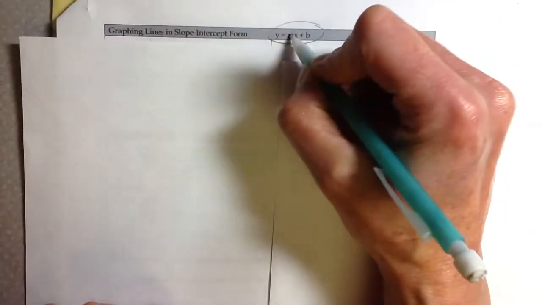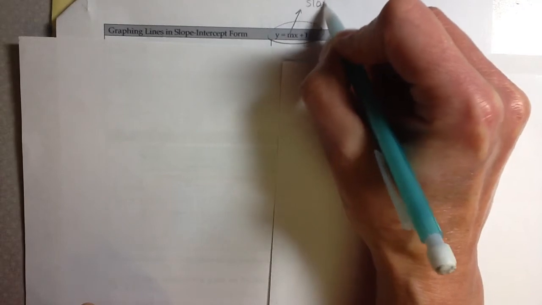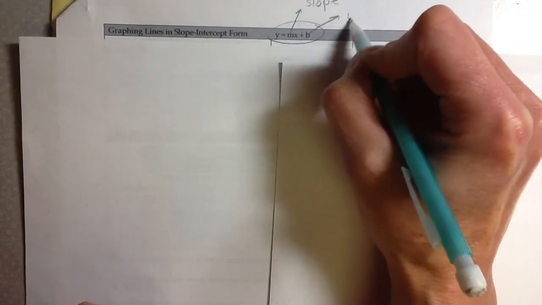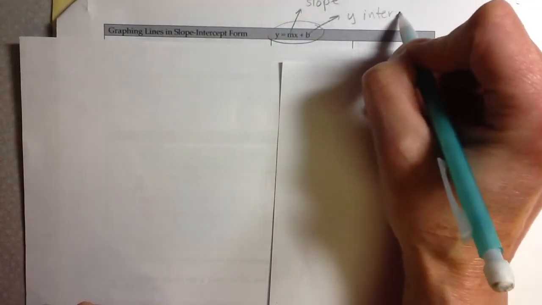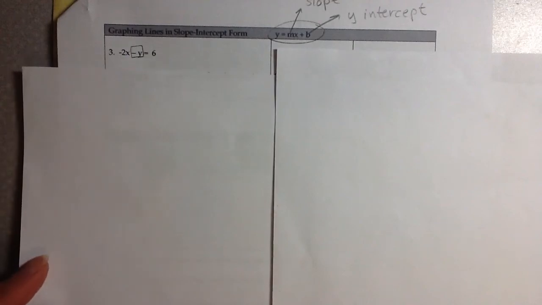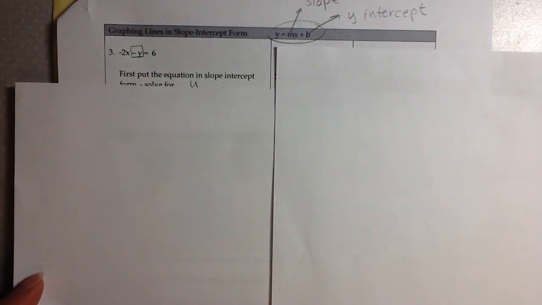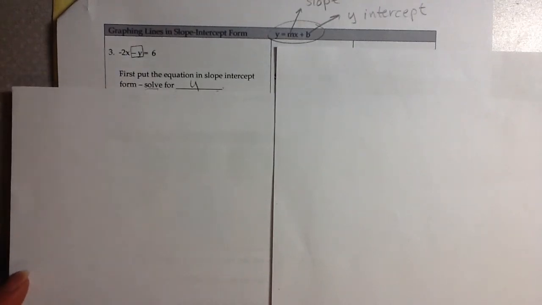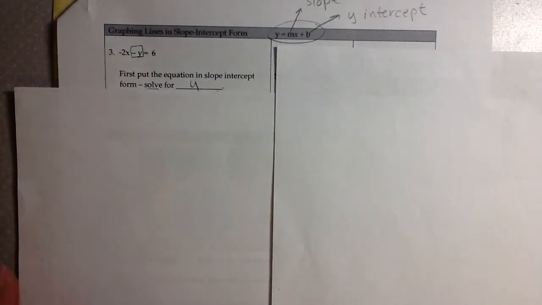And now we're going to graph using slope-intercept form. Again, slope-intercept form is y equals mx plus b, where m is the slope and b is the y-intercept. Now, this is not in slope-intercept form, so the first thing you have to do is put the equation in slope-intercept form, which means you need to solve for y.